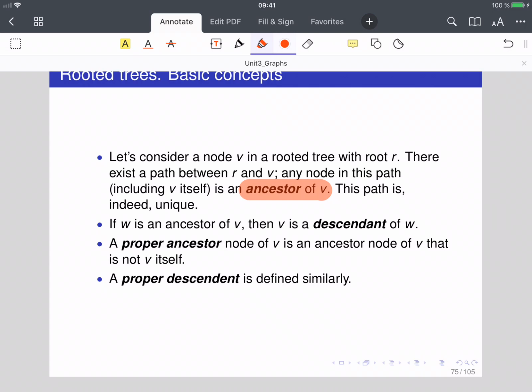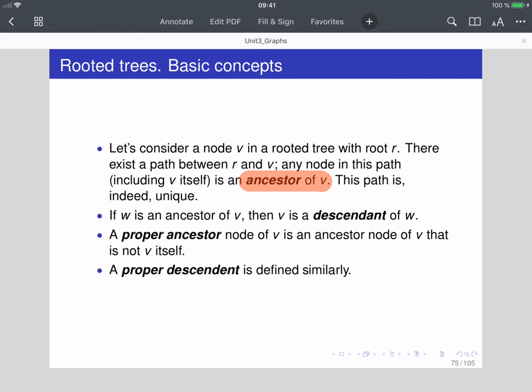And a proper ancestor is an ancestor which is different from the node itself, because all the nodes are ancestors and descendants of themselves. These are very easy to understand definitions because, as I've told you, they come from names of situations that you all know.